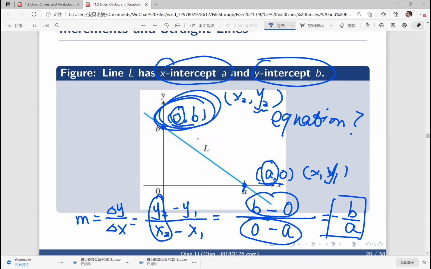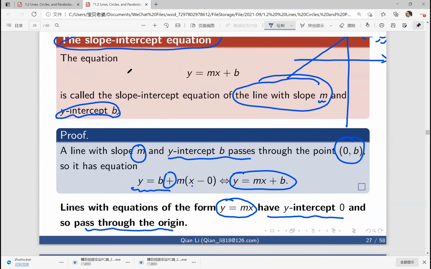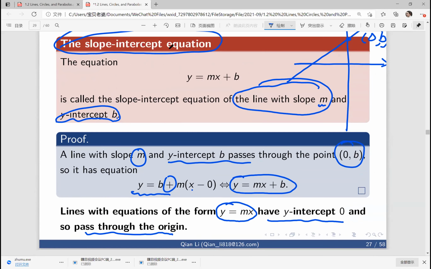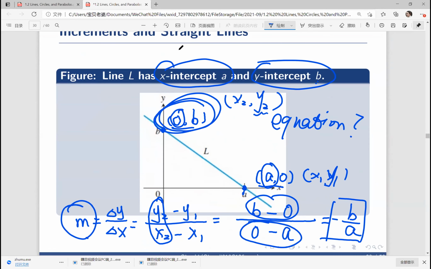Since we know the slope and the y-intercept b, we can use the slope-intercept equation: y equals m x plus b, where m is negative b over a.